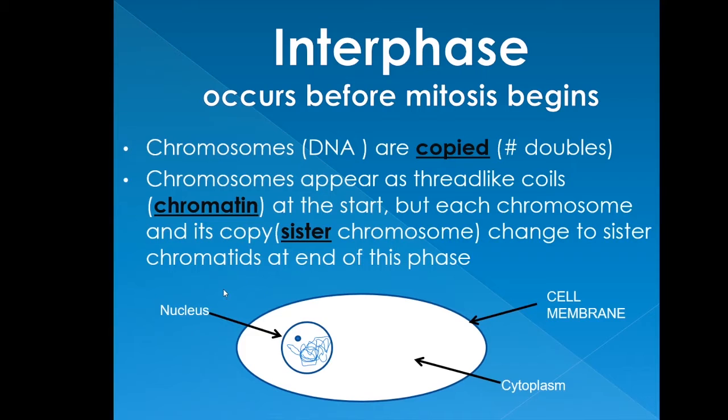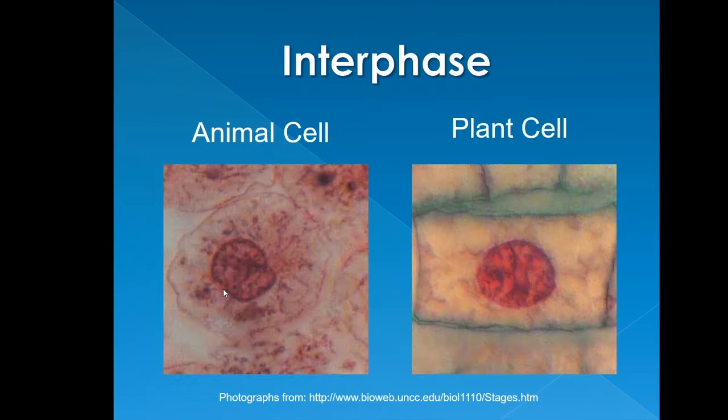Every chromosome has a twin sister. And this is what it looks like between an animal and a plant cell. So you can see a bunch of different groups of different DNA being replicated inside. And the way I tell between a plant cell and animal cell, plants are very square or rectangle cells, as animals are more of a circle.